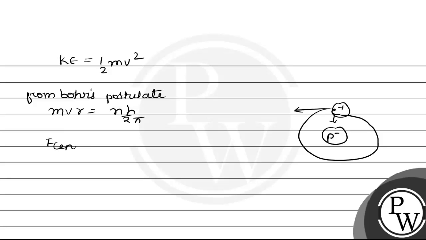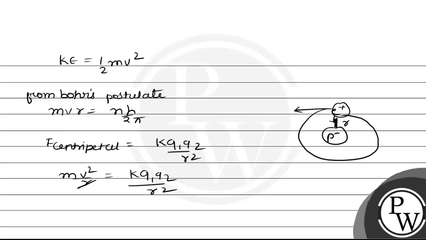So F centripetal is equal to force of attraction, which is given by k q1 q2 upon r square, where r is the radius of positron's orbit. Now F centripetal's value we can write mv square upon r, equals k q1 q2 upon r square. This will cancel out one of the r. So mv square is given as k q1 into q2, where q1 is e and q2 is ze.